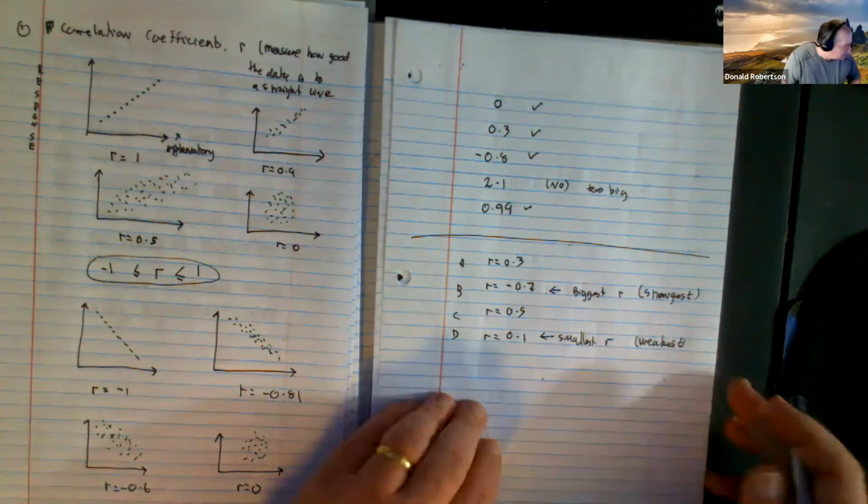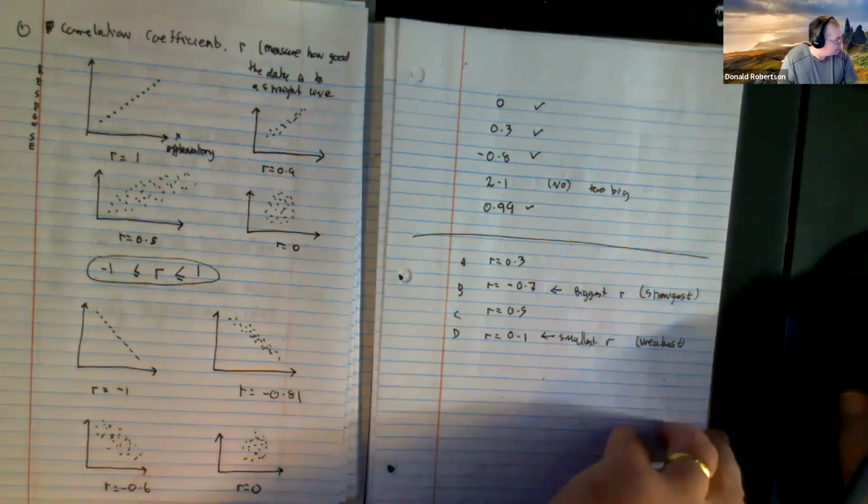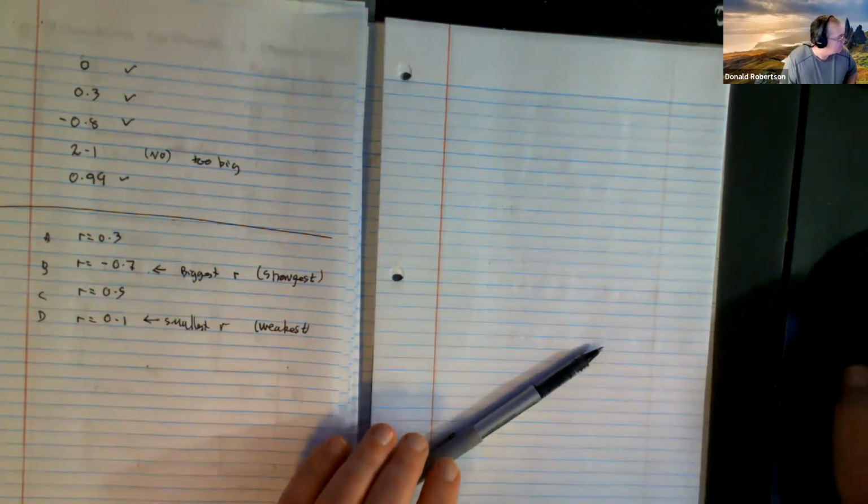Now here's a different kind of question that you can be asked. This one involves pictures, if I can find one. Okay, I'll switch over to it and we'll show you them.